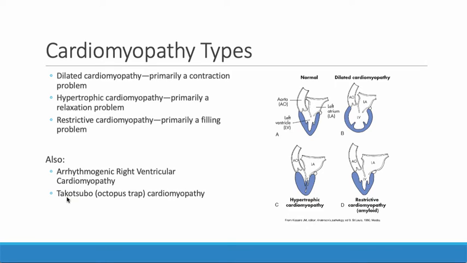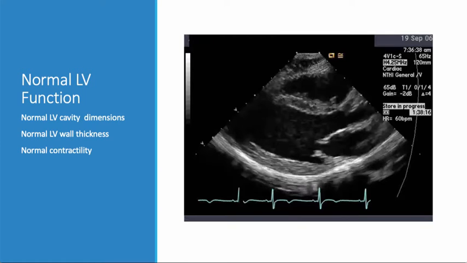And then there's this other one that is very commonly seen. I mean, we see it several times a year, called Takotsubo cardiomyopathy. Takotsubo is the Japanese word for an octopus trap, and that's what it looks like on the ventriculogram when we do it in the cath lab.